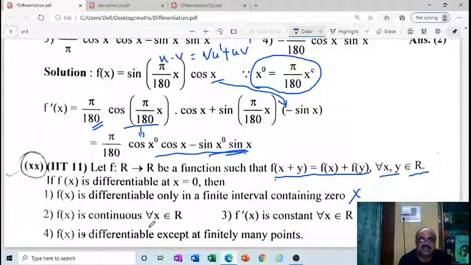F of x is continuous for all values of x belonging to R. They have said f of x plus y is equal to f of x plus f of y, am I right?